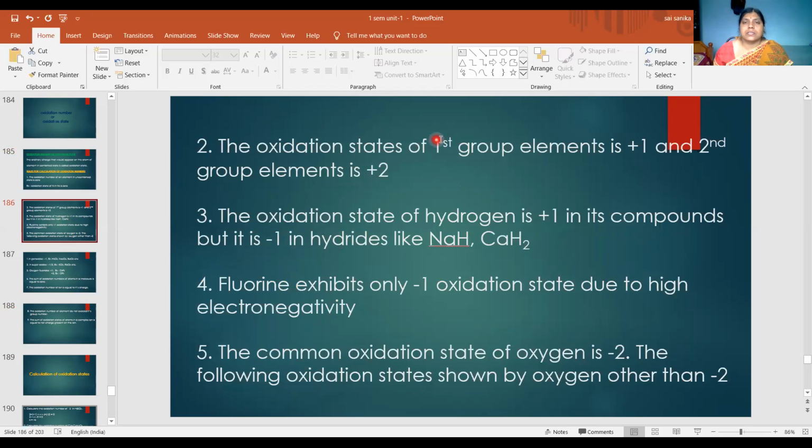Next, the oxidation state of first group elements is +1, and second group elements is +2. Very, very important, the common oxidation state of hydrogen is +1, and fluorine always exhibits -1. The common oxidation state of oxygen is -2.